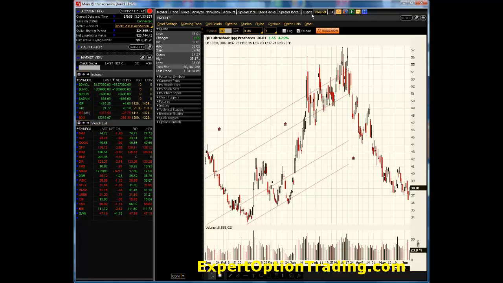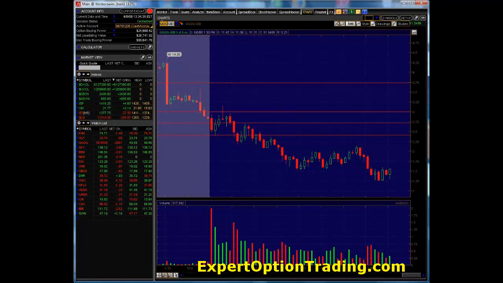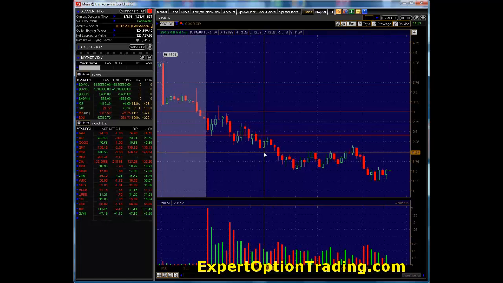And what I've done is set up my chart here by taking the QQQQ, that's a symbol, the four Qs, minus sign, the QID. And the goal of this type of indicator is to simply measure the enthusiasm or disappointment of the participants who are trading the Qs and the QIDs.